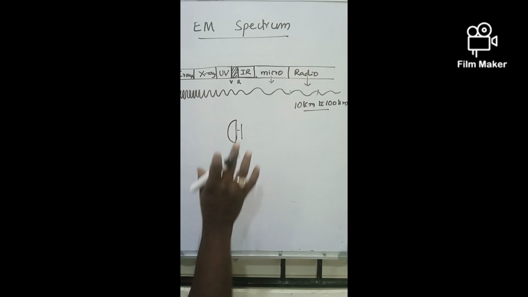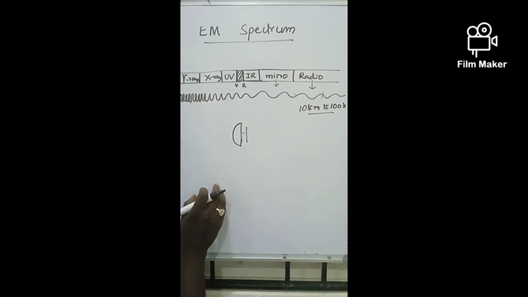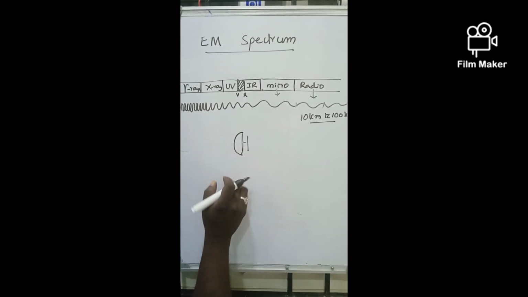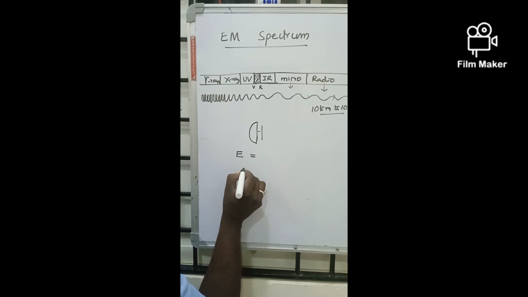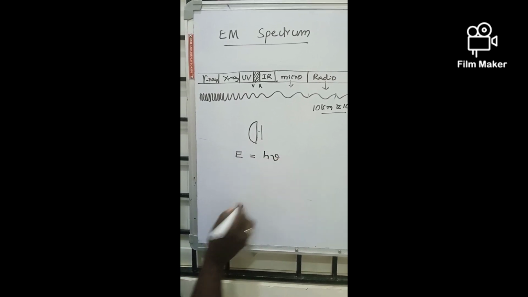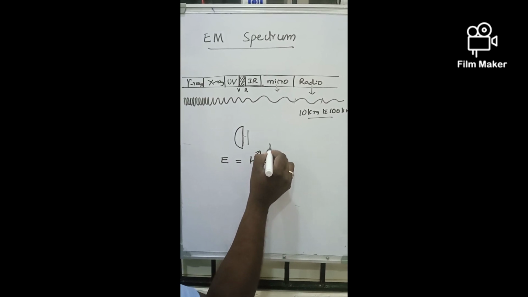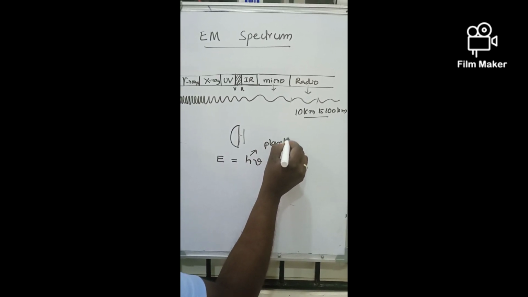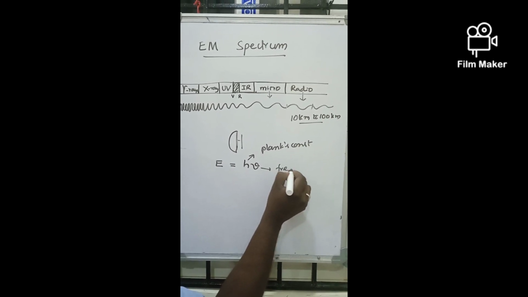So these are the various types of electromagnetic radiation, and the energy of these radiations can be given by Planck's equation, E equals h nu, where h is Planck's constant and nu is the frequency of radiation.